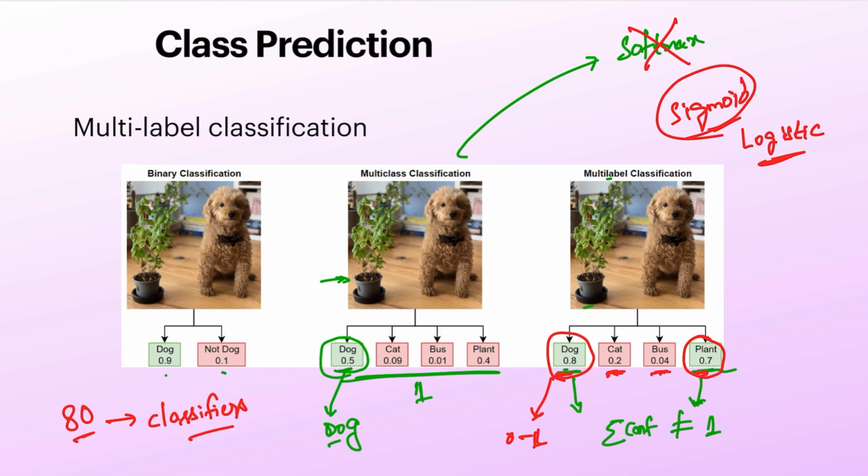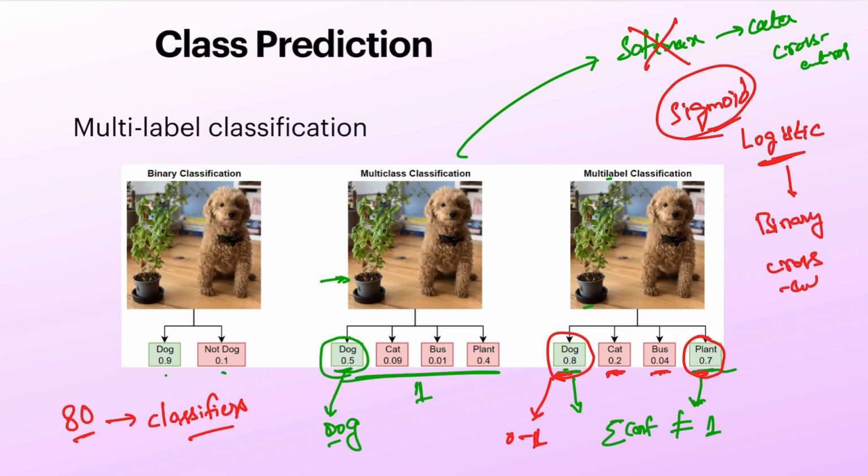Accordingly, we need to use binary cross entropy loss. In the case of softmax, the loss function is categorical cross entropy, whereas in the case of logistic, you need to use binary cross entropy.